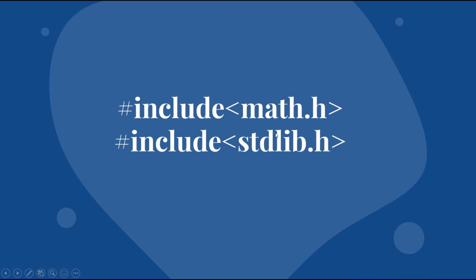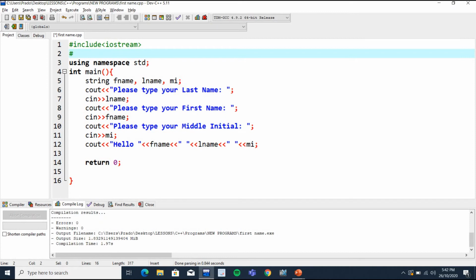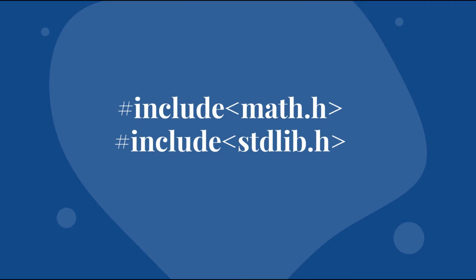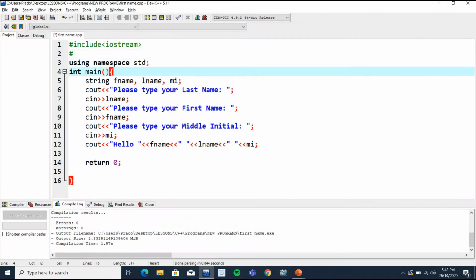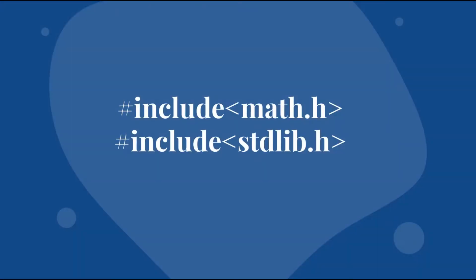Pero, itong dalawang to is pwede po natin siyang ilagay ng sabay dito po sa mismong C++ po natin. So, kung nalilito kayo kung ano yung gusto nyong gamitin, okay lang naman na ilagay silang pareho. So, ilalagay po natin sila dito sa may taas, which is the include math.h and include stdlib.h.